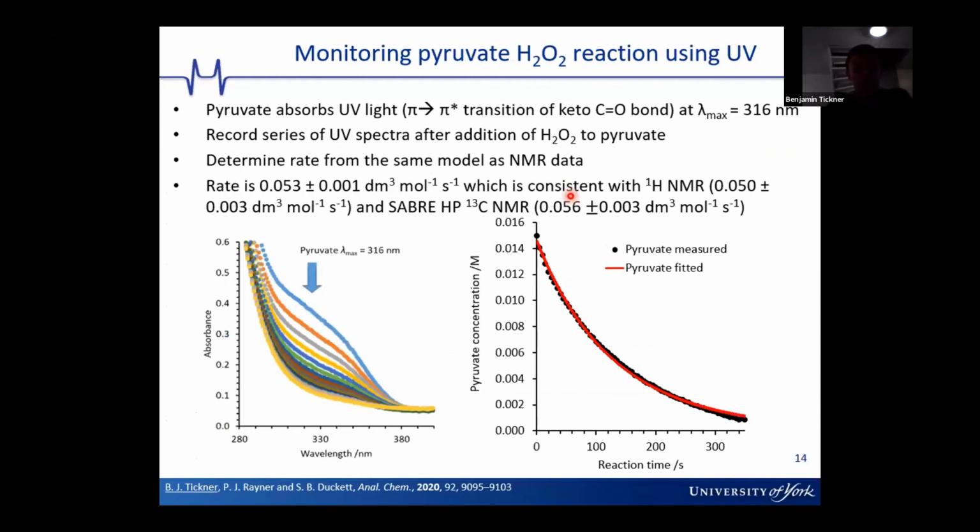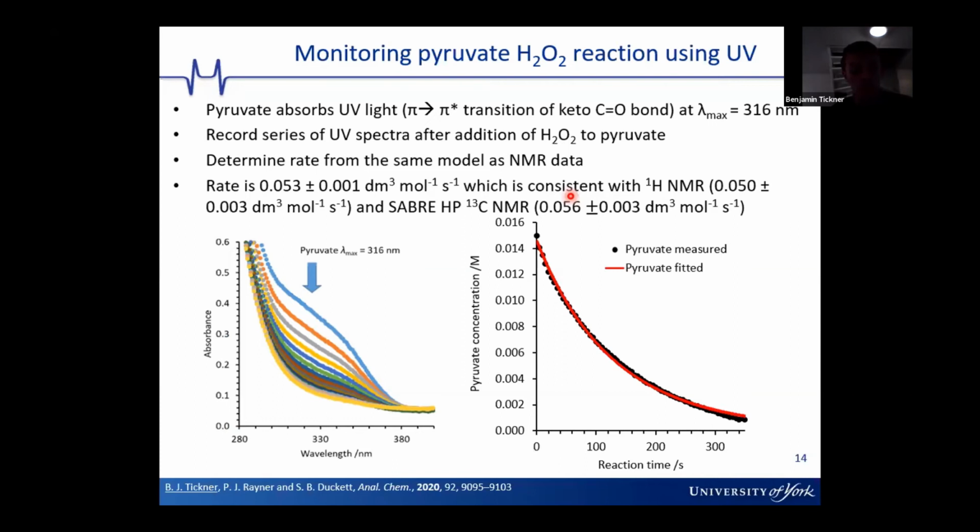You can also monitor the reaction using ultraviolet spectroscopy, and again, the rate constants that we get from these three techniques, so ultraviolet spectroscopy, thermal proton NMR and SABRE hyperpolarized carbon-13 NMR, are all consistent, which is really good.